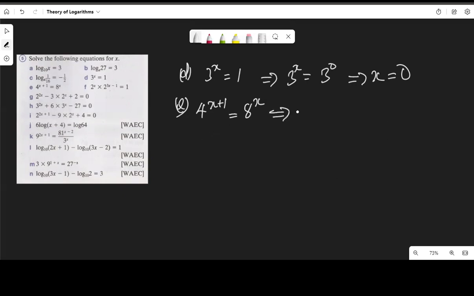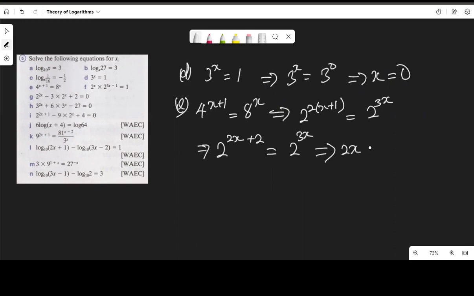Expressing each of these in index form, 4 is 2 to the power of 2, then multiplied by x plus 1, equal to 8 which is 2 to the power of 3, multiplied by x. This gives 2 to the power of 2 times x is 2x, and 2 times 1 is 2, equal to 2 to the power of 3x. This implies the bases are the same, so we can equate the powers: 2x plus 2 is equal to 3x.